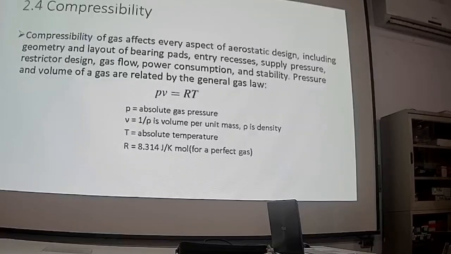P is the absolute gas pressure. V is the volume per unit mass. T is the absolute temperature. R is the ideal gas constant. So this will be used in the air bearing.